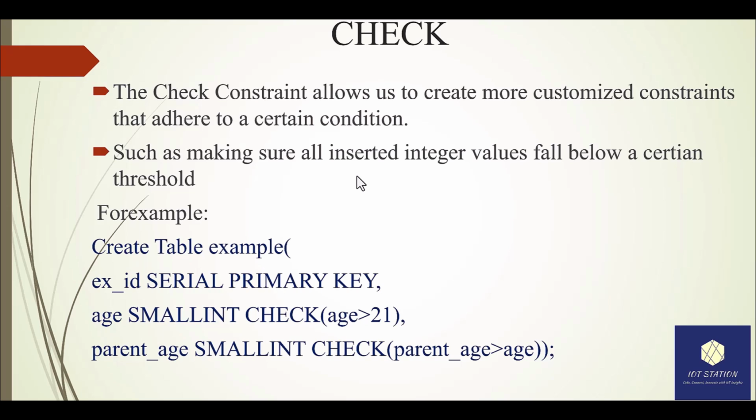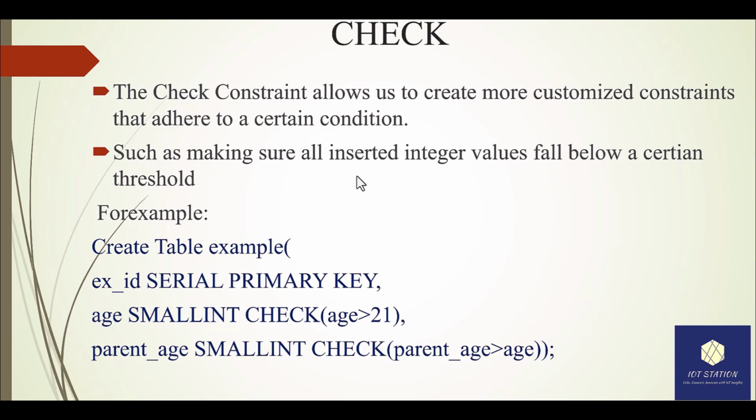If it's less than 21, then I want to have an error or not insert the value. In that case, I'm defining the age as a small integer, and then writing check, parentheses open, age greater than 21, parentheses close. In this command, you define the condition age greater than 21.